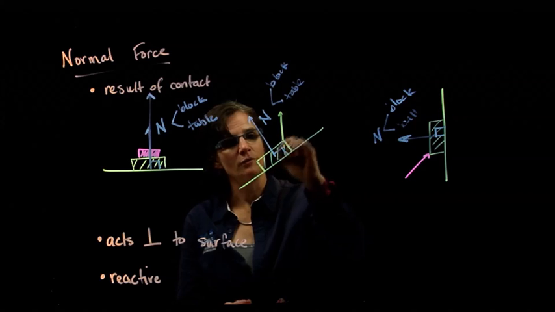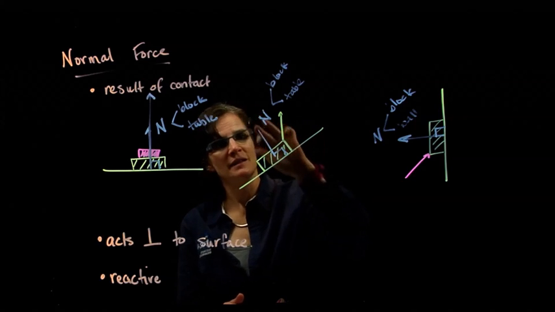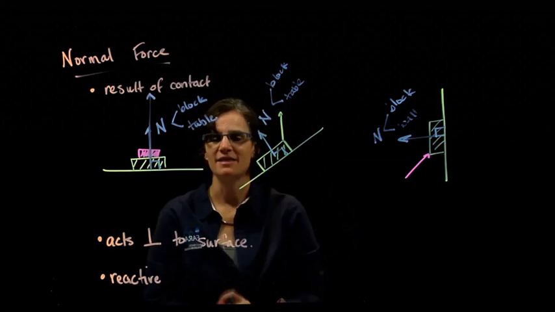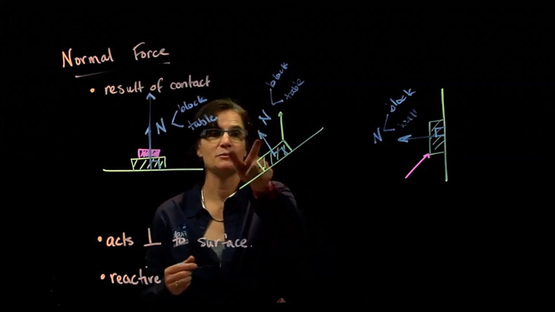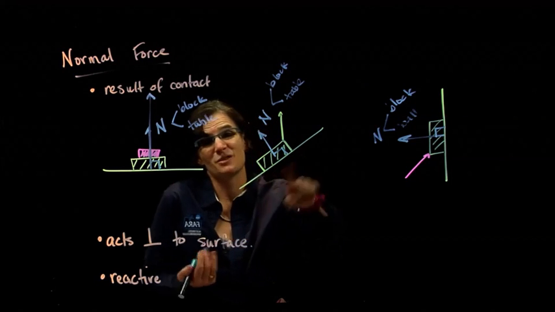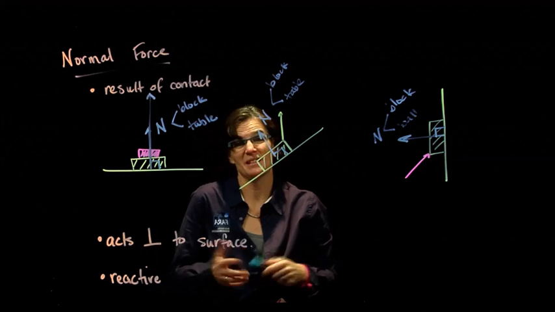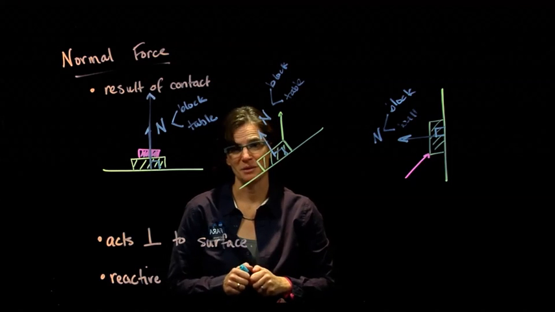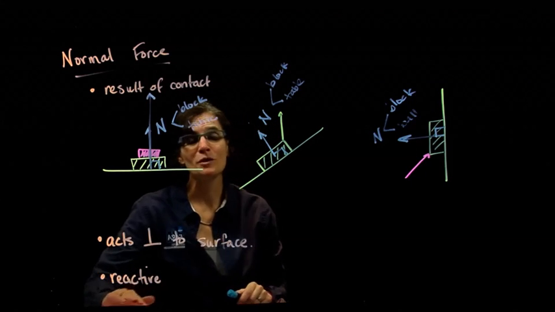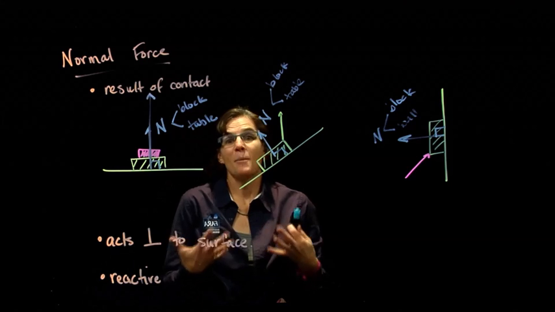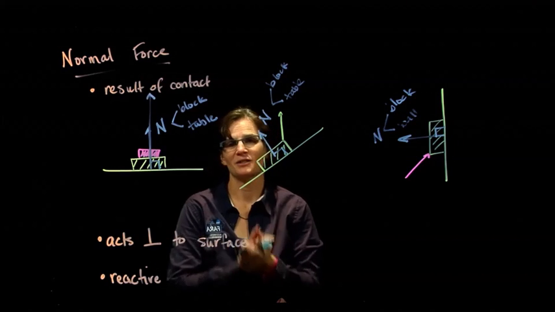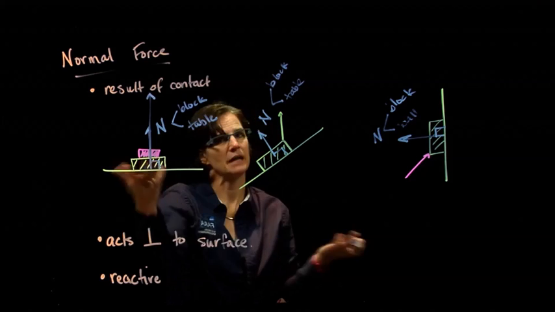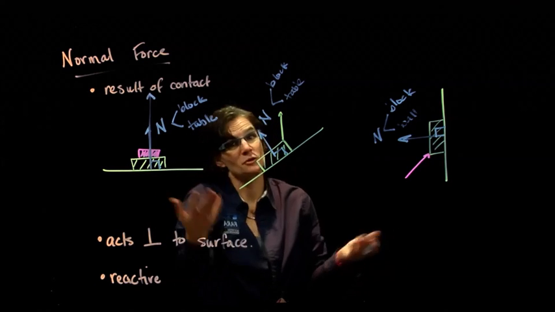So my normal force would decrease in that case. I'm adding a little more force in the upward direction, in the same direction as that normal force, and so my surface-surface interaction doesn't need to be as much. I'm not squishing the molecules as much. So the normal force is reactive. It's how much it needs to be, or how much it is as a result of that squishing. More squishing, higher normal force. Less squishing, less normal force.